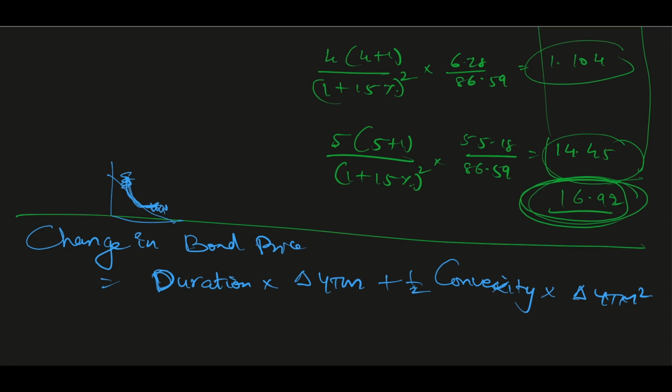Depending upon the question, if it says the interest rate is going up, then you should change this to minus. That's the only change you have to do. Otherwise, if they say the interest rate is going down, then you don't have to make any changes here.